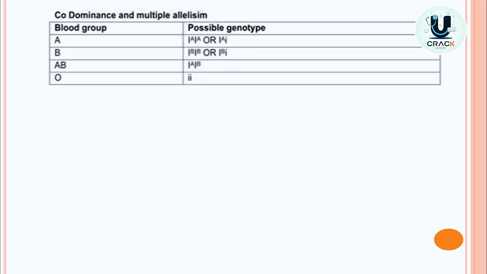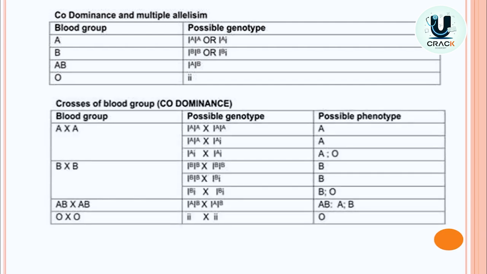Look at the dominance here, and the codominance. If you have blood group A, the possible genotypes are A A or A i. If it is B, it is B B or B i. For AB, it is A B. But for O, there are no options; you will get the same genotype, i i. With the codominance, both A and B are expressed. A with A, again you will get A. But A with i, possibly you will get A. B is also the same.